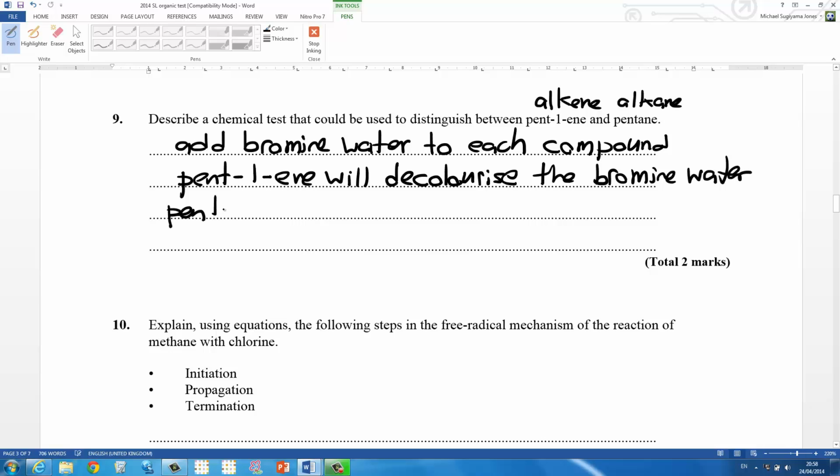Pentane, the bromine water will stay brown.